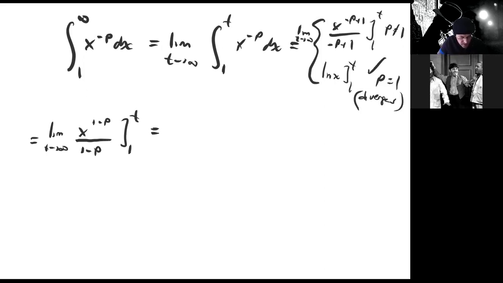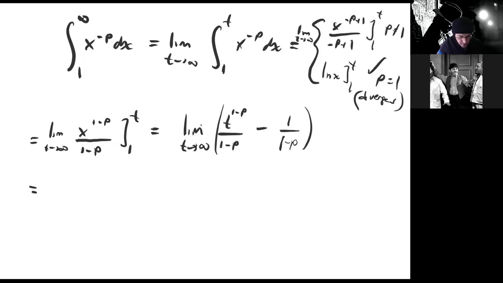So it's the limit as t goes to infinity of, when we substitute t for x, we get t to the 1 minus p over 1 minus p. And when we subtract off the value at 1, we get 1 over 1 minus p. Okay, so that's what you get.